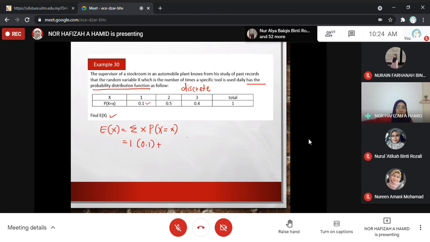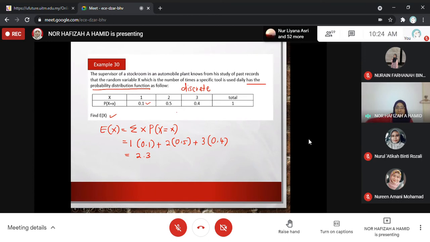So plus with X2 and probability 0.5 and plus with X dia is 3 and probability 0.4. Okay, and you will have equal to 2.3. Okay, so ini formula for expected value for the discrete.